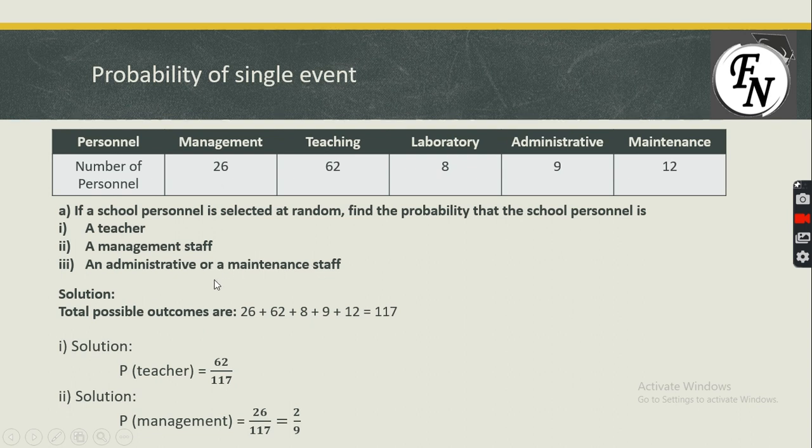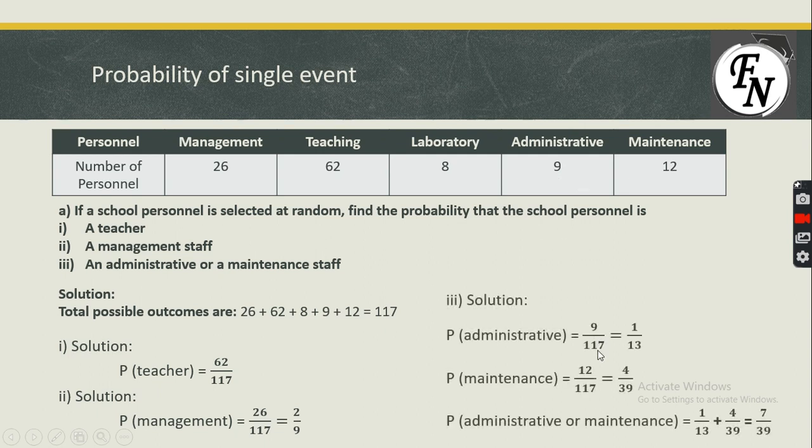So the probability of getting an administrative staff is 9 over 117, that is cancelled to 1 over 13, and the maintenance staff is 12 over 117, so it is cancelled to 1 over 39. When I talk about the collective probability with an OR in between, we add both the probabilities. We can take the LCM and add them to obtain 7 over 39.